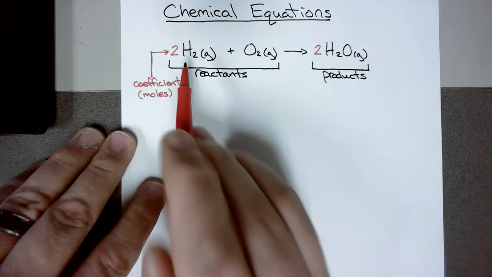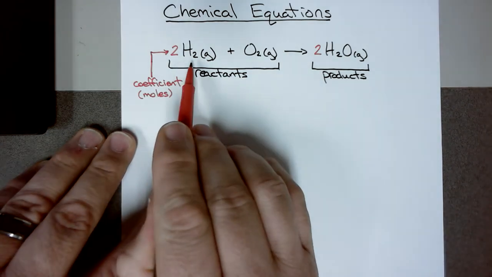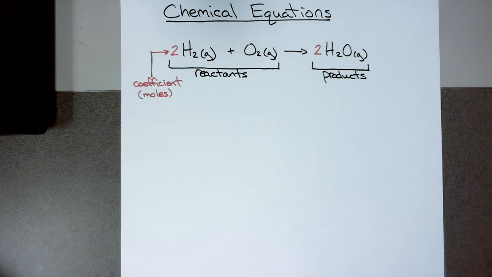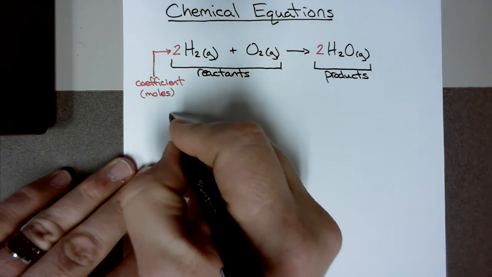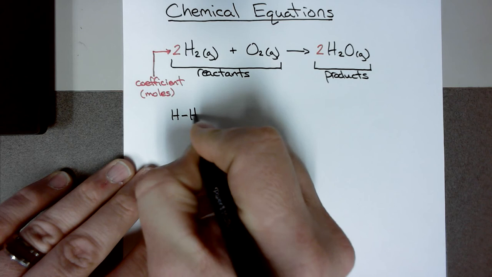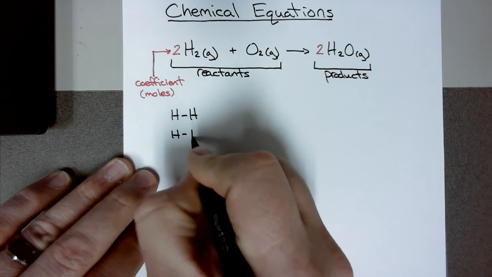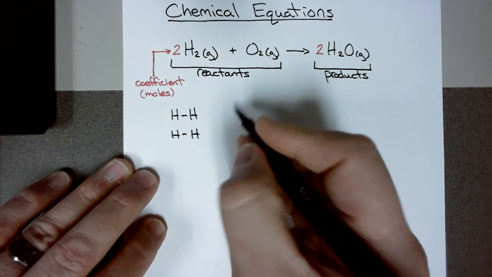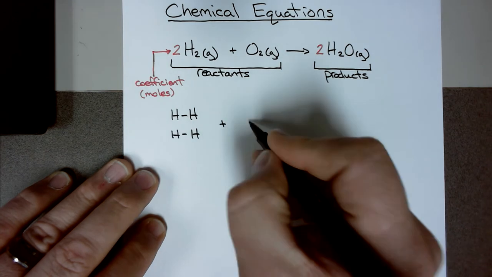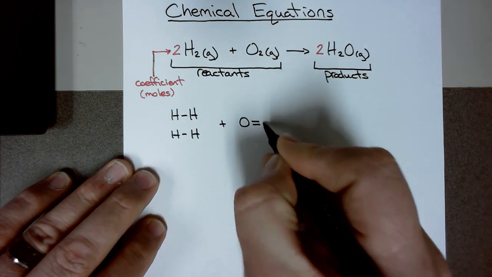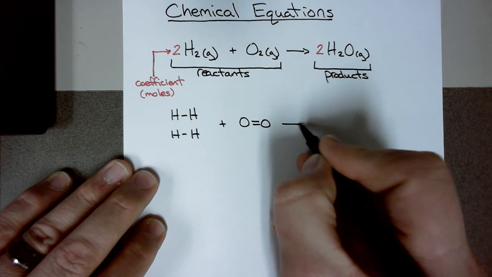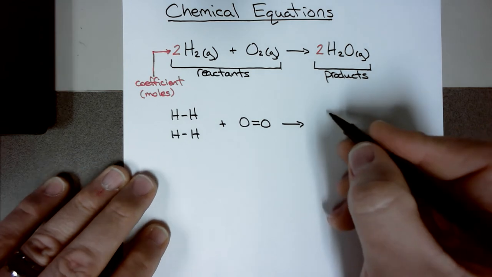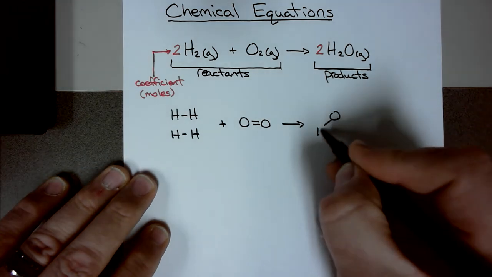So I could say 2 molecules of hydrogen. So there's one molecule, there's another molecule, so 2 molecules of hydrogen will react with 1 molecule of oxygen gas to produce 2 molecules of water.